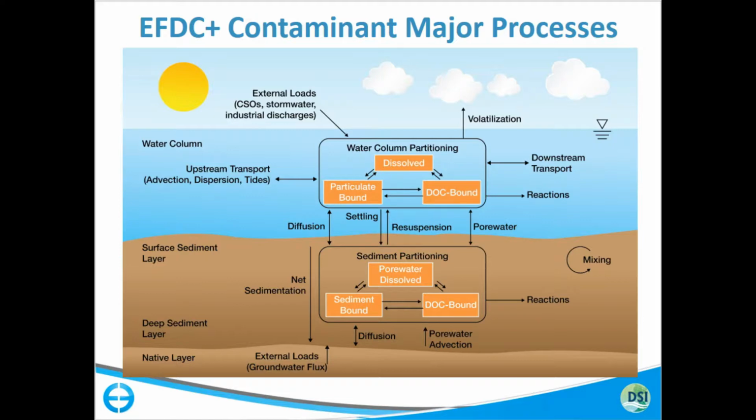Whenever you look at the transport equations, you'll have the dissolved phase plus the fraction that's absorbed to the dissolved phase. And that basically constitutes your 3-phase partitioning, where you have truly dissolved bound to a dissolved component, and then particulate bound. So 3-phase partitioning.